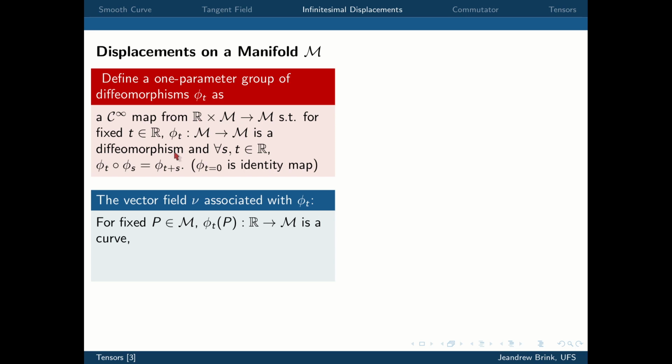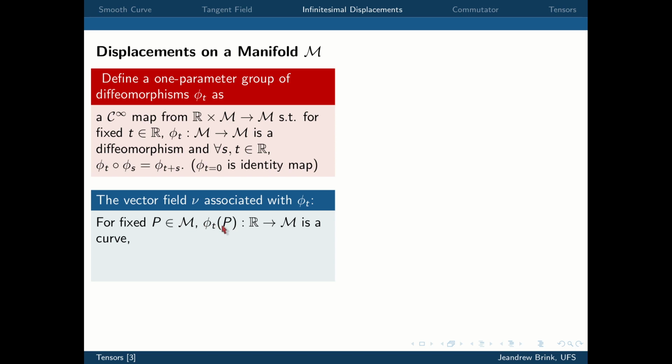To associate a vector with a displacement, remember vectors so far are only focused at one point. We're going to pick a particular point, which fixes it to one element in M, and then the only thing that changes is how far.